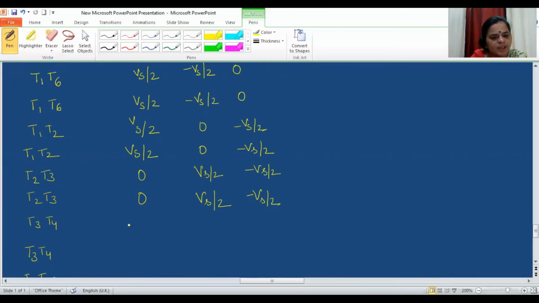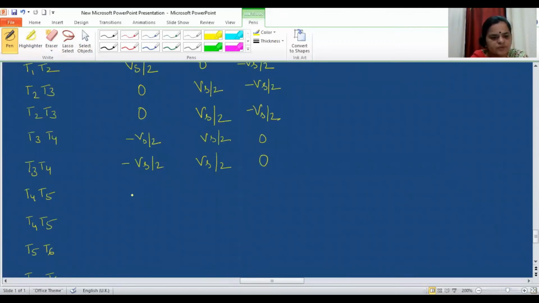Now similarly, if I calculate here for the next duration, minus Vs by 2, this will be Vs by 2, this will be 0, sorry. So this will be 0, 0.